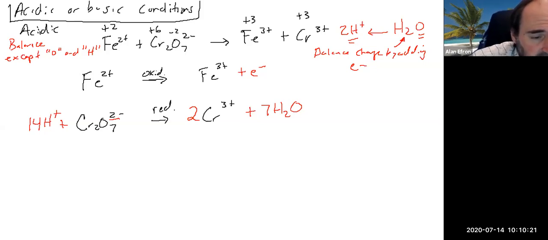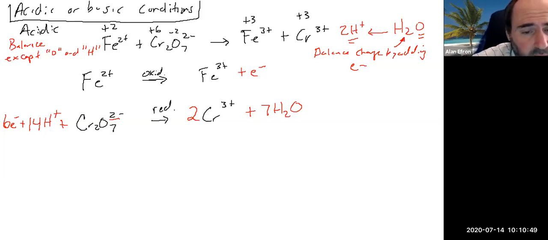That means to balance it out, we would need 6 electrons over here on the left-hand side. -6 from the electrons, -2 from the dichromate is -8, and +14 is +6 on the left, +6 on the right, and we're balanced in terms of that. Any questions on adding the electrons there?